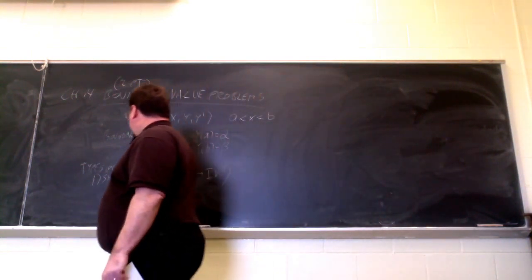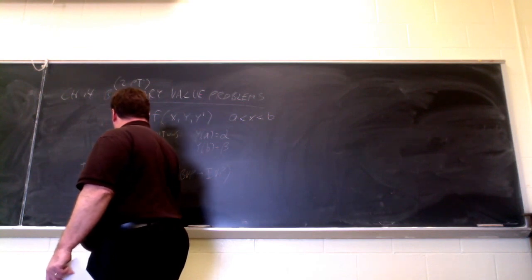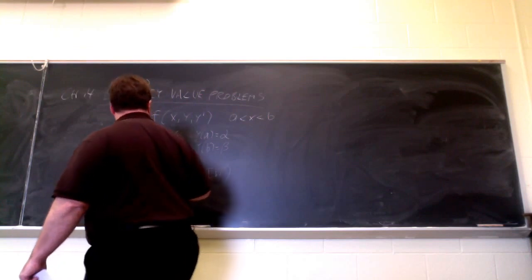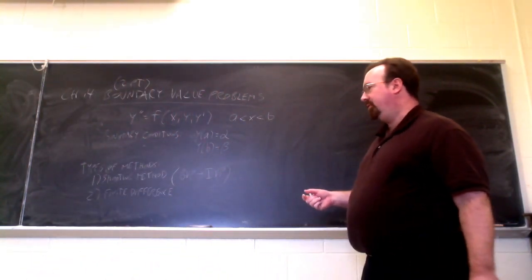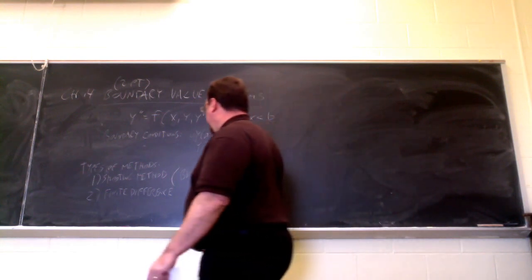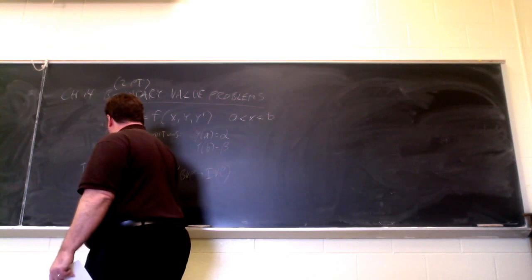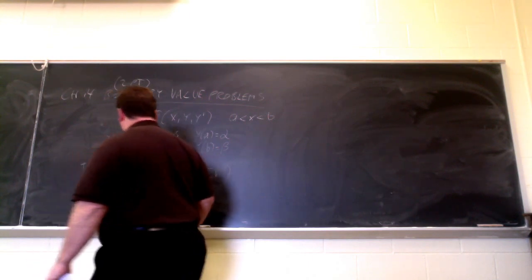And then there's finite difference methods, where we use numerical differentiation formulas for y double prime and y prime, as we covered last semester. And then the third one is a bonus in the coding project, the Rayleigh-Ritz method.